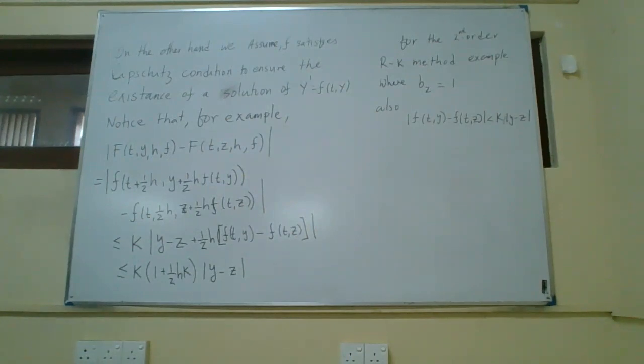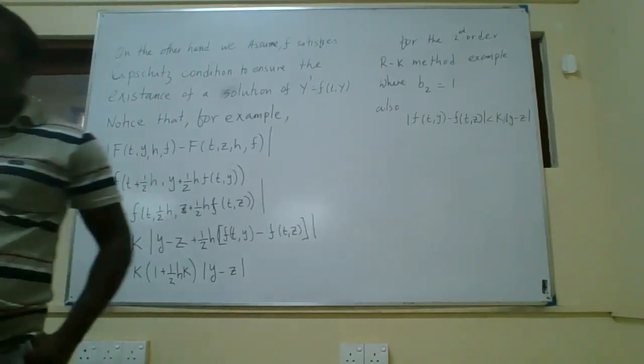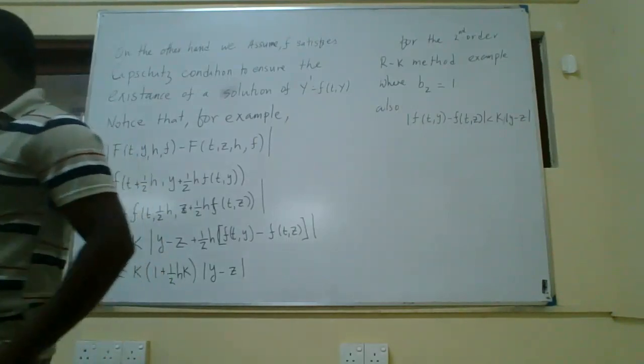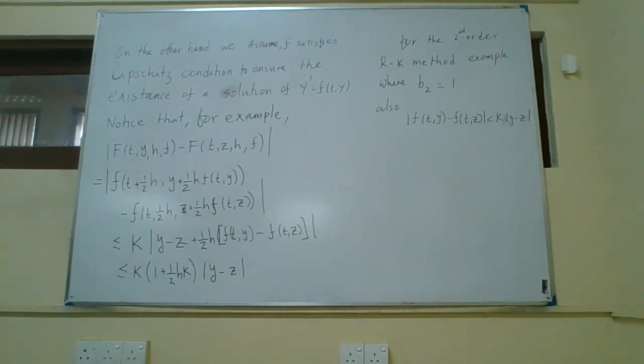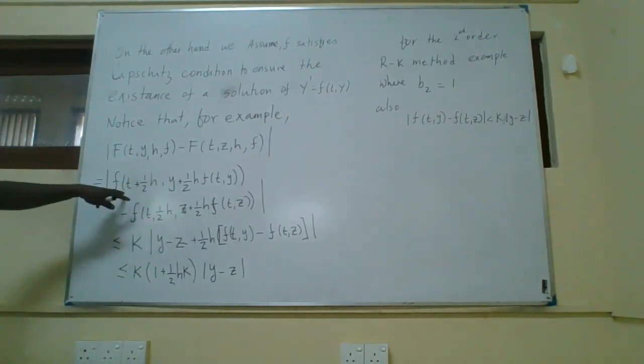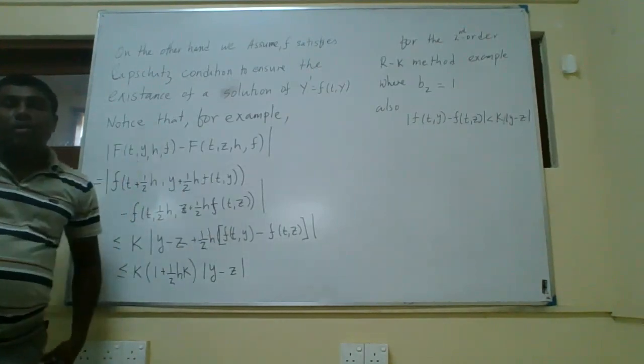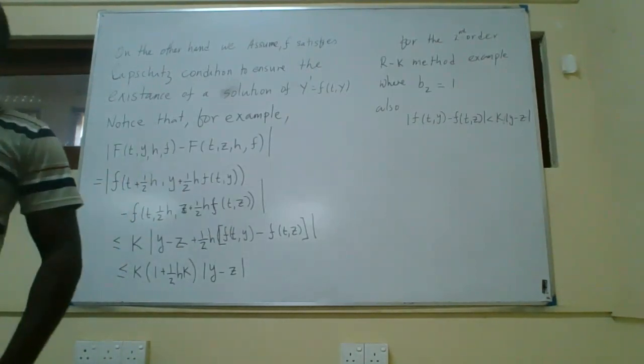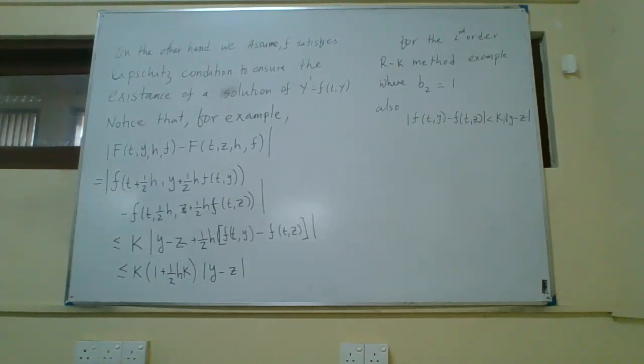And then we choose different values for b2, and based on that we can find different numerical methods. So one of the methods we use is b2 is equal to 1. In that case, we derive a method where the capital F looks like this. So for that example, let us see whether we can derive a Lipschitz condition or not.